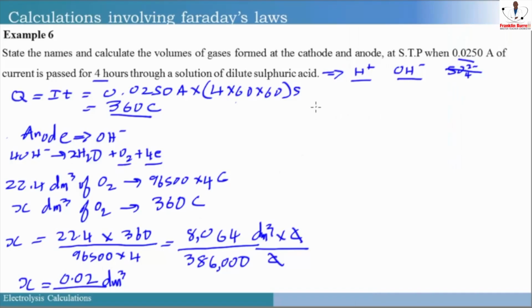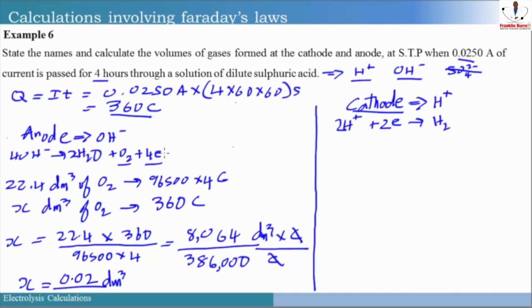Now, let's look at the reaction taking place at the cathode. So at the cathode, we know that H plus will migrate, hence H2 gas will be produced. Now remember that we said if two gases are being produced, the number of electrons lost must be equal to the number of electrons gained.